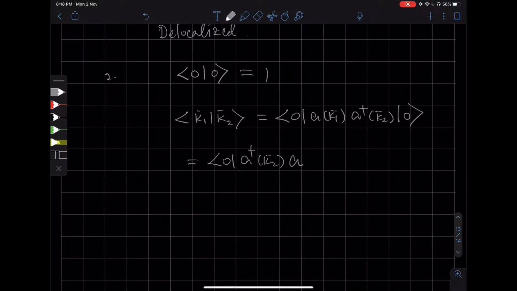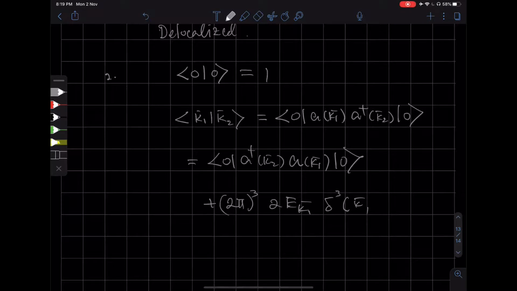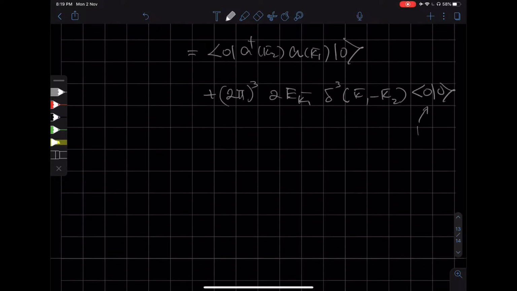Then if I do a commutation relationship, this would be K2 and this would be K1. And then I'm going to get a term with (2 pi) cubed times 2 E_K1. It doesn't matter if it's E_K1 or E_K2 because it's multiplied by a delta function, which is only non-zero when K1 is equal to K2, times the inner product of the vacuum, and this is going to be 1.